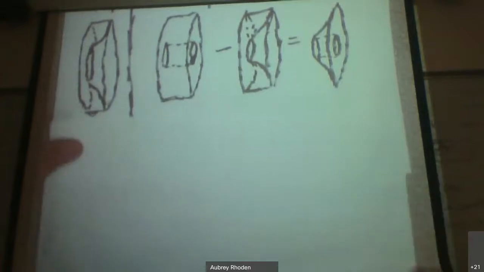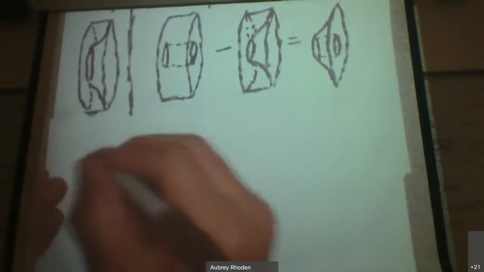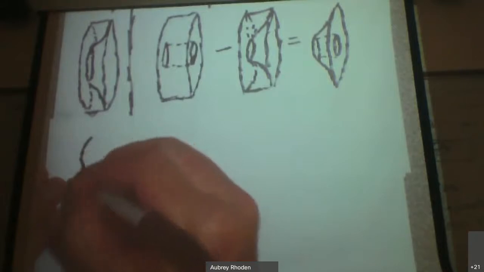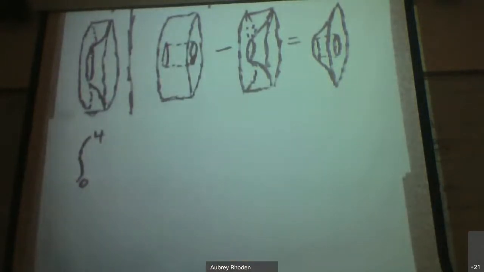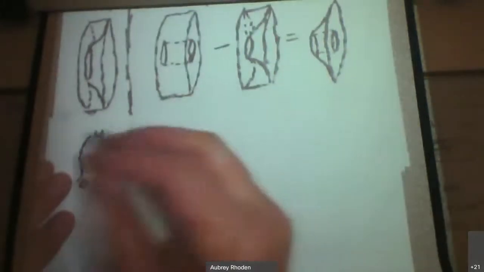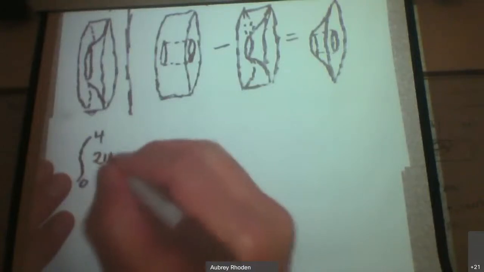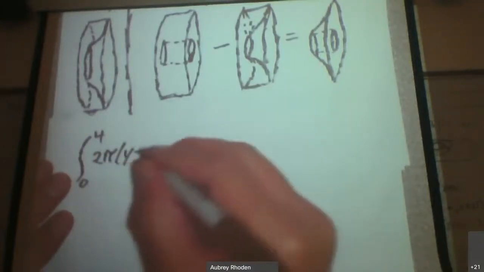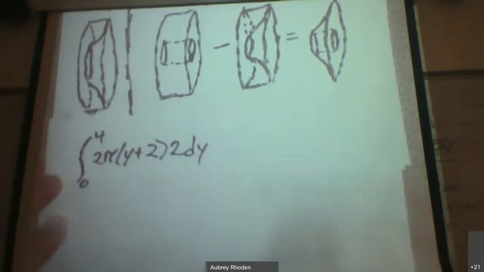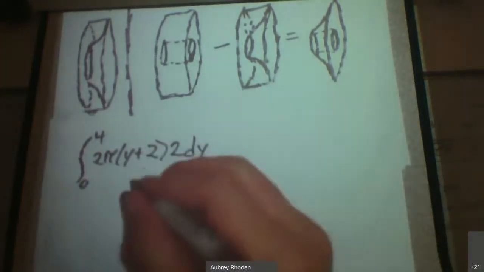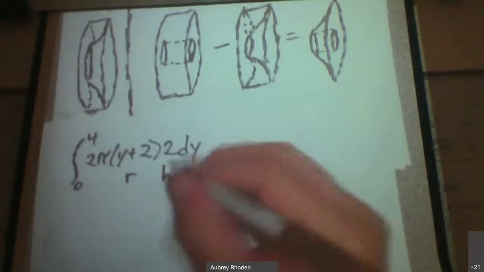Now, this is going to have to be an integral from 0 to 4 because we're integrating in the direction of y. For this first one, this is going to be 2 pi times (y plus 2) times 2 dy, where y plus 2 is my radius and 2 is my height.